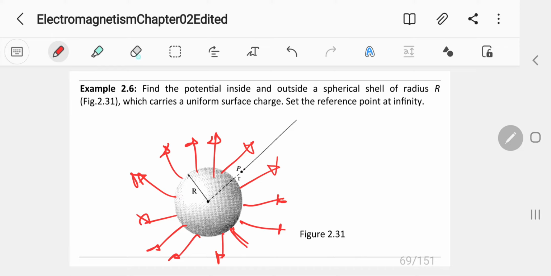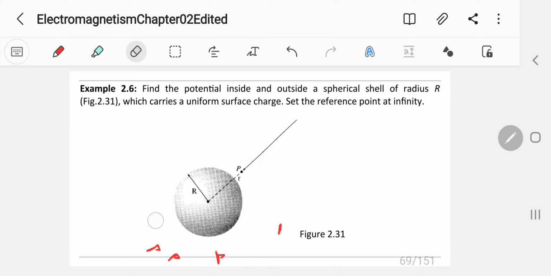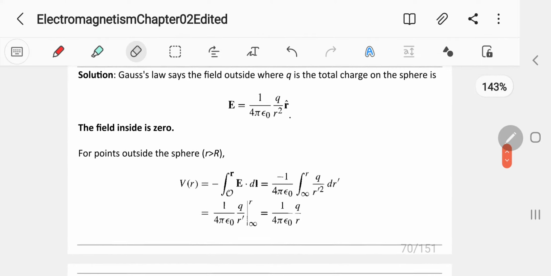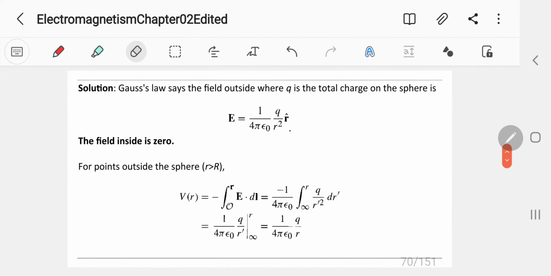So that is the electric field, and the field inside is 0 because by Gauss law you cannot enclose a charge inside if you draw a Gaussian surface inside the sphere, because the charge resides outside.